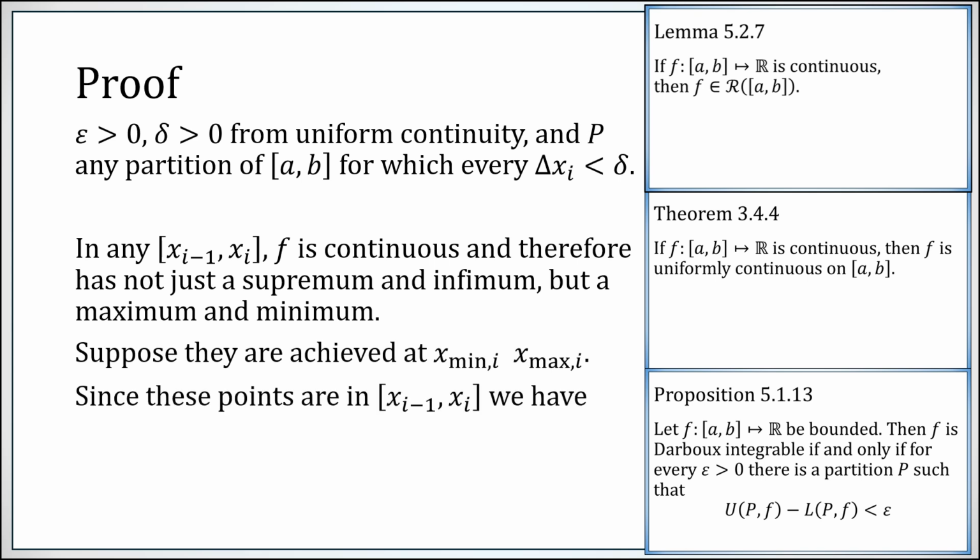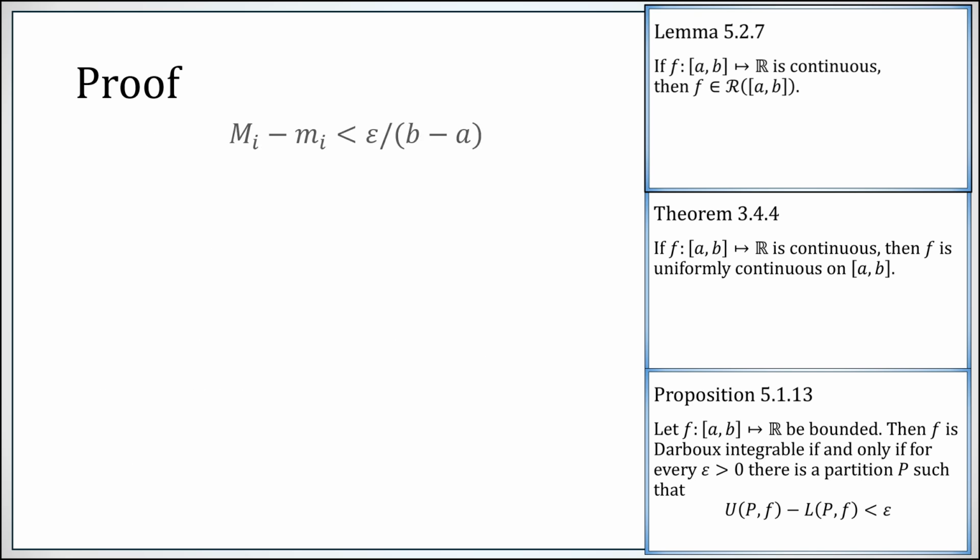But because these two points are in one of these intervals, they are less than delta x_i far apart, the length of the interval that they belong to. But every delta x_i was assumed to be less than little delta in length. Therefore, for each piece of this partition, the max minus the min is less than epsilon over b minus a.